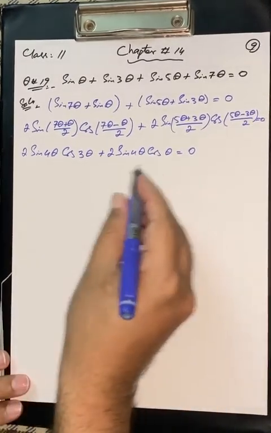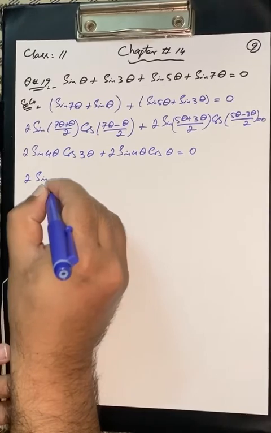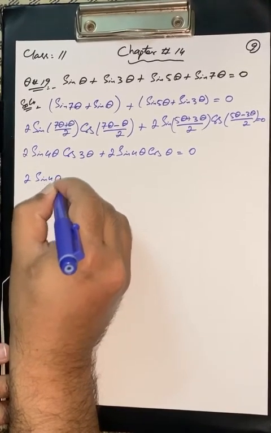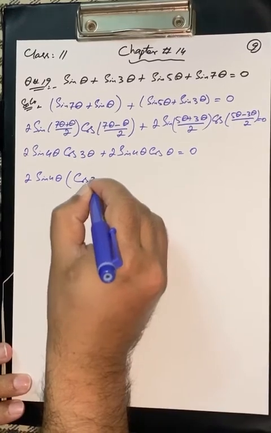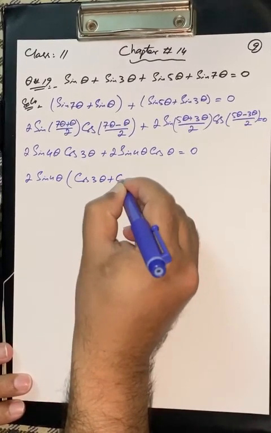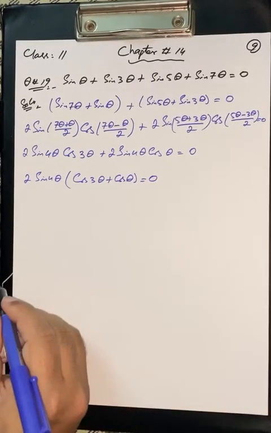Now from both we take 2 sine 4 theta as the common value. Inside what is left is cos 3 theta plus cos theta equals 0.